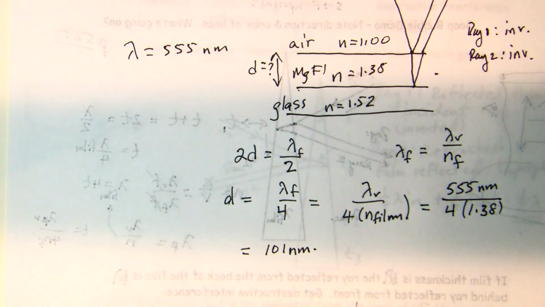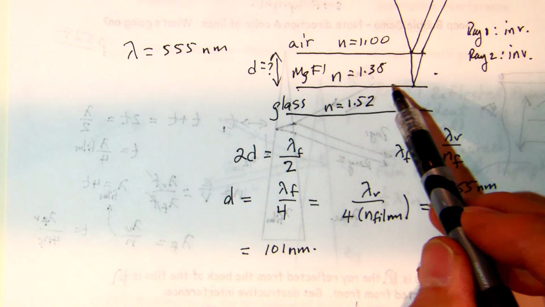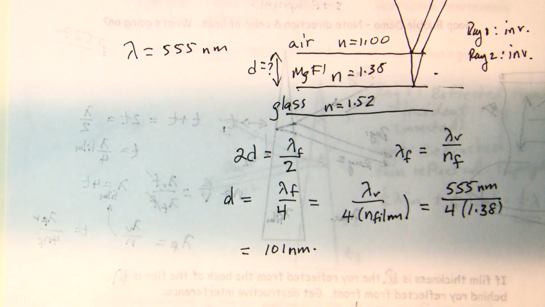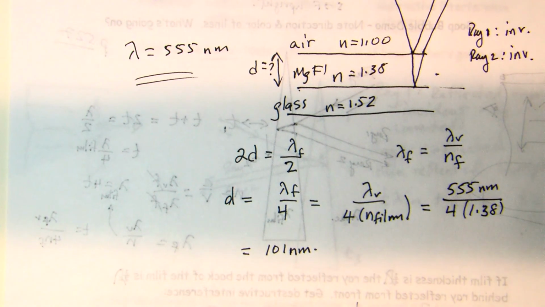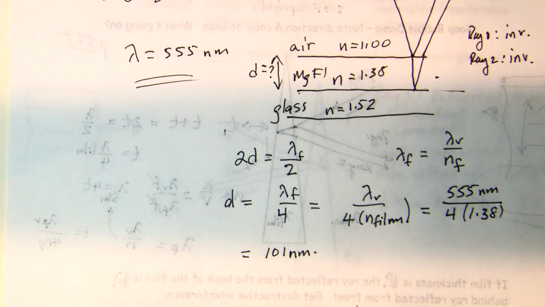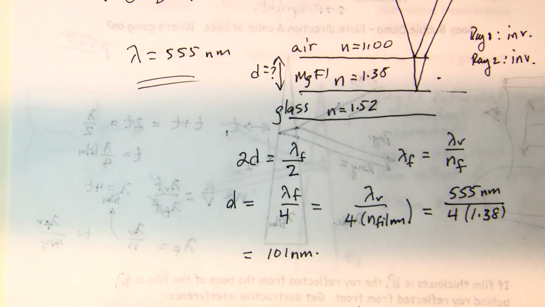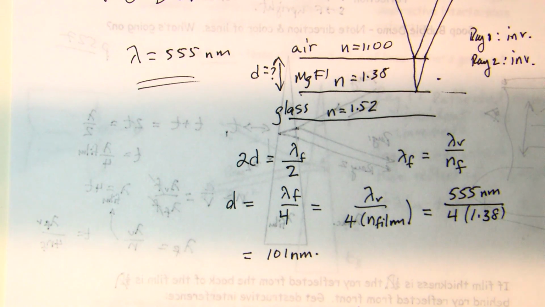So I put a 101 nanometer thick film onto my glasses, and this wavelength will not come out. It won't be reflected. And you also see that sometimes you see the ultraviolet coatings on glasses. Some glasses don't allow ultraviolet through, so it all gets reflected off, and you see people's glasses when they tilt them up and down look kind of bluish, same sort of thing.